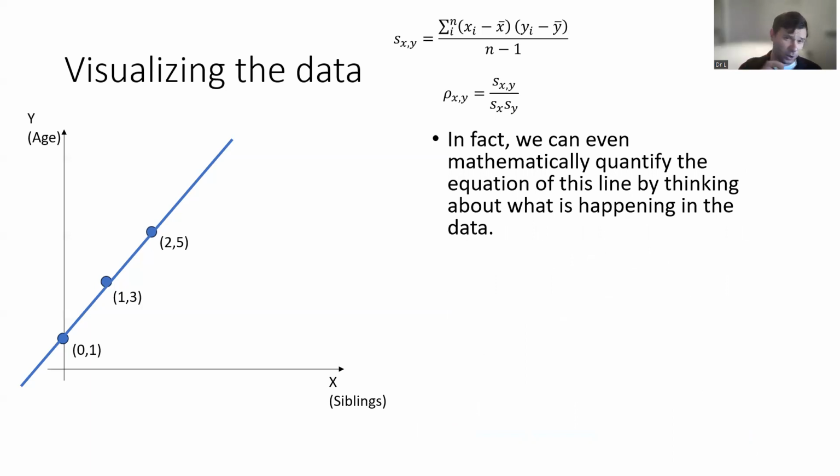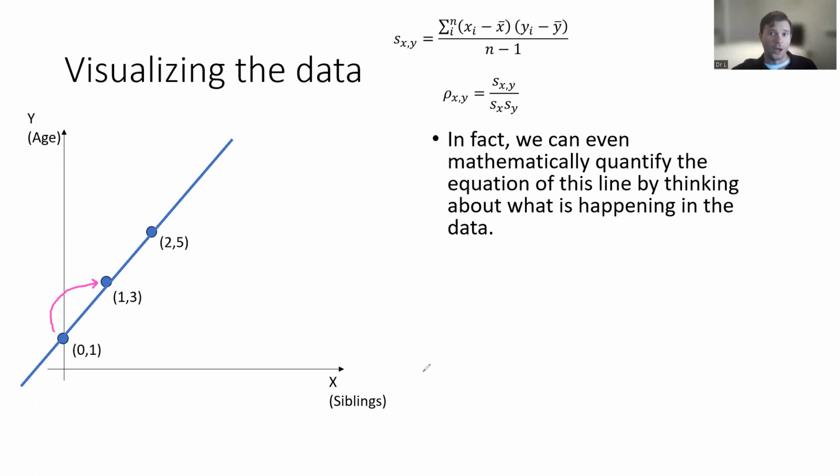Okay, so we're going to calculate it mathematically in a moment using the data. But if you look at this picture carefully, we can quantify with a fair amount of certitude what is happening between the X variable and the Y variable. When we move from observation 1 to observation 2, the X variable goes up by 1 and the Y variable goes up by 2.